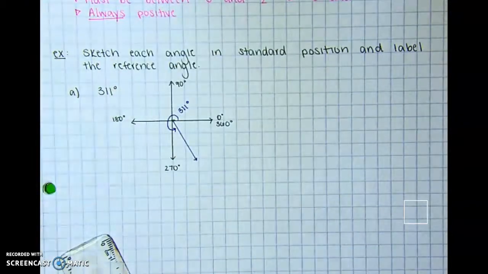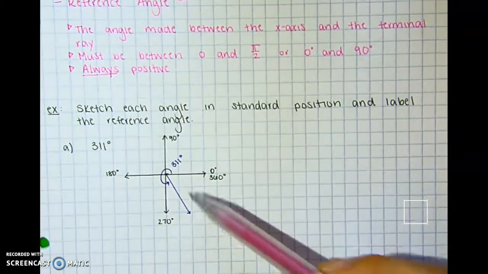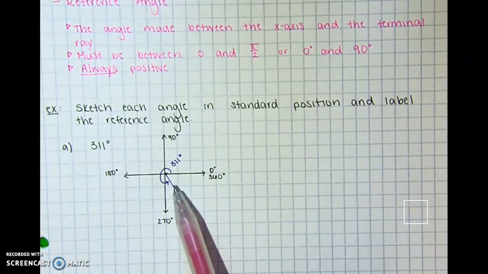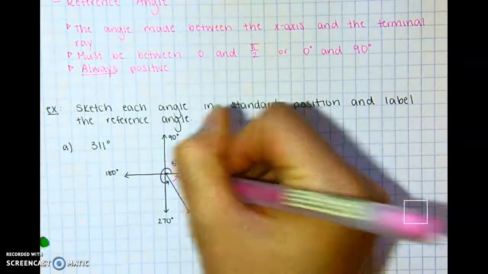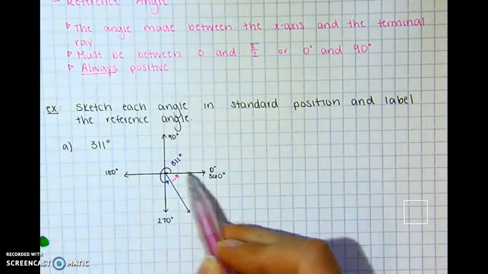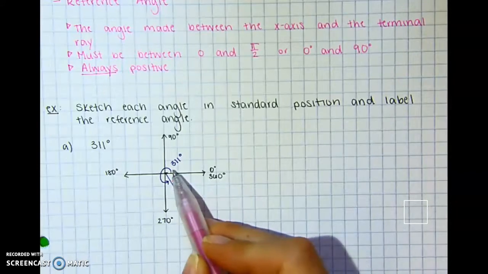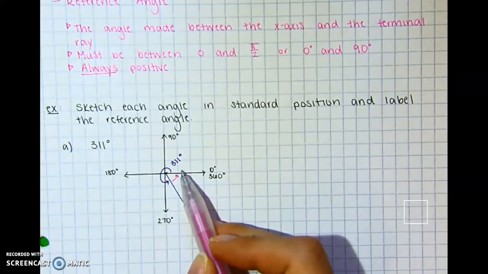Alright, now the reference angle. The reference angle is the angle made between the x-axis and the terminal side. So that's the distance between the x-axis and the terminal side. And it's always positive, so we're going to draw it in a positive direction. If this is 311 degrees and this is 360, then we can just take 360 and subtract 311 to get the measure of the reference angle.